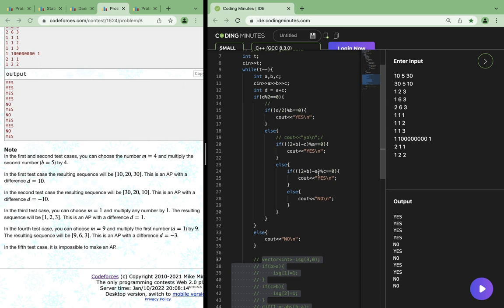Why is the last test case wrong? Maybe we can remove this. Now we can check, maybe. Because d should not be divisible by 2 in this case, right?